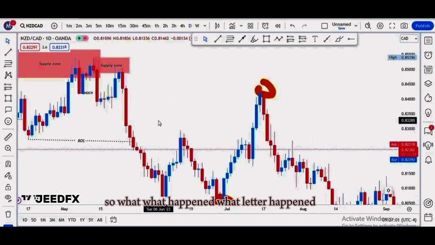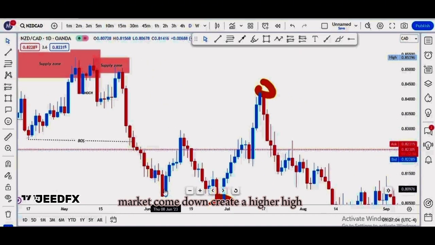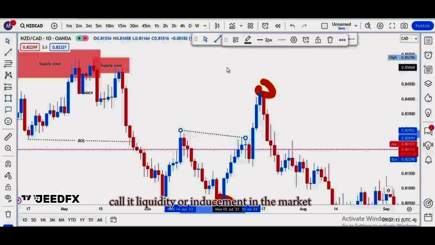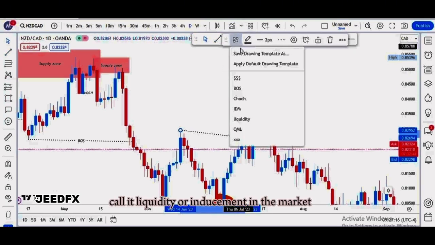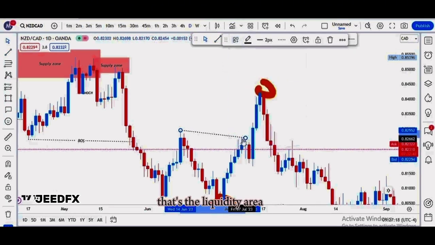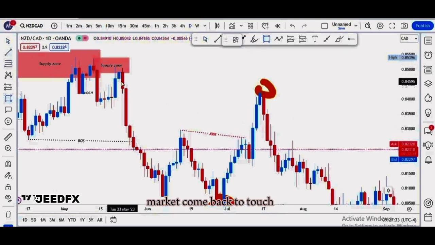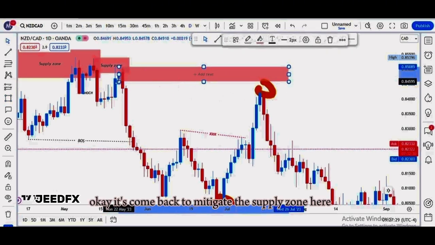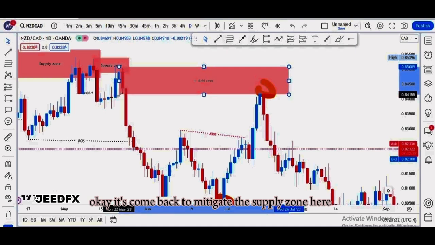So what happened? What later happened? Market calmed down, raised a higher high, which we call the what? The liquidity or inducement in the market. That's the liquidity area. Market comes back to mitigate what? The supply zone here. You can see, guys, market comes back to mitigate the supply zone.